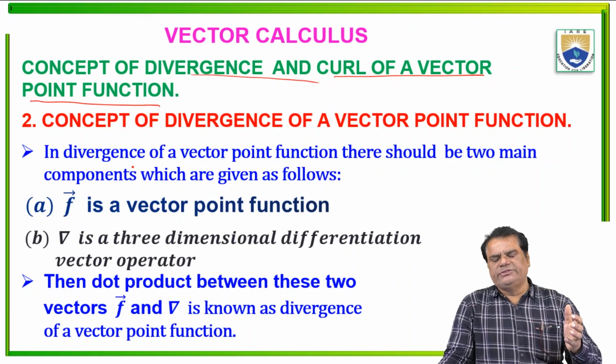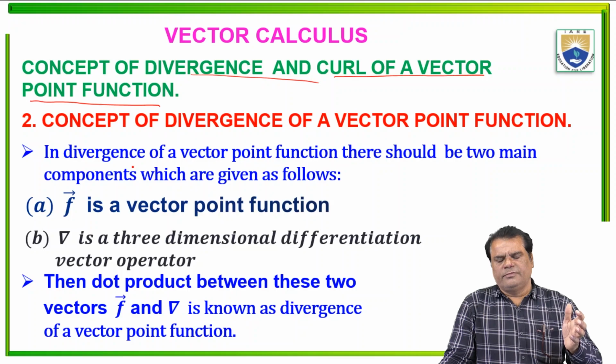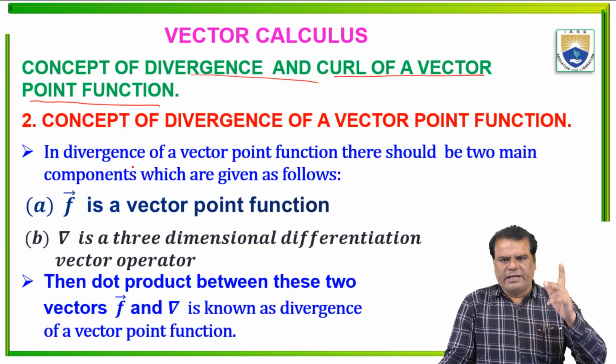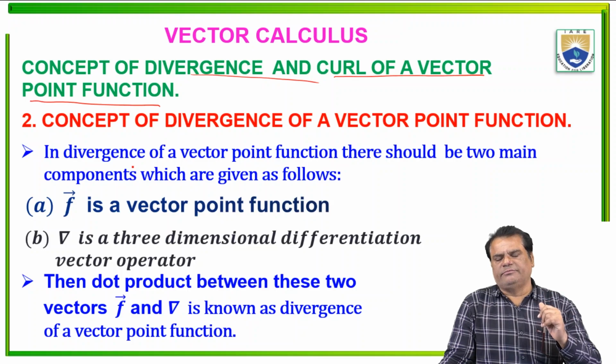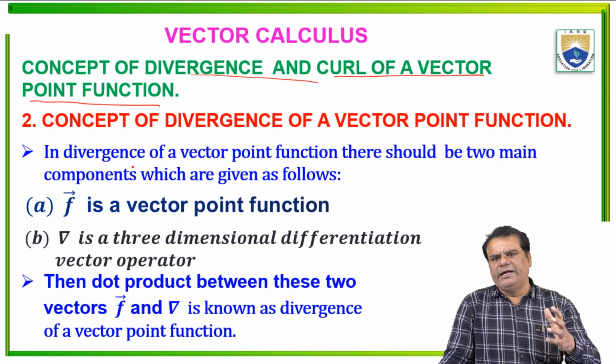But in divergence, there is a dot product between the vector point function and del. Both are vectors. Del is also a vector and f is a vector point function. So here we take the dot product, then we get the divergence of a vector point function.